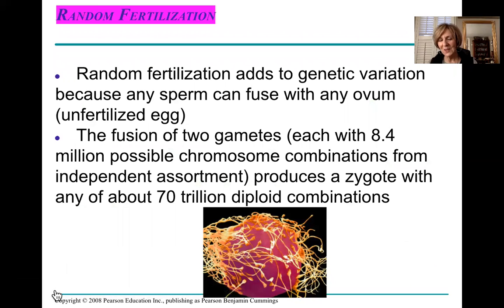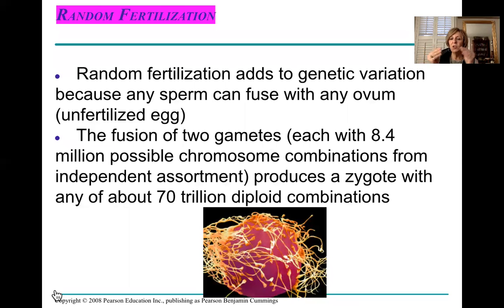So random fertilization is the third way that we get genetic variation, because any sperm can fuse with any egg. So the fusion of two gametes, remember, each gamete has 8.4 million possible chromosome combinations from independent assortment.